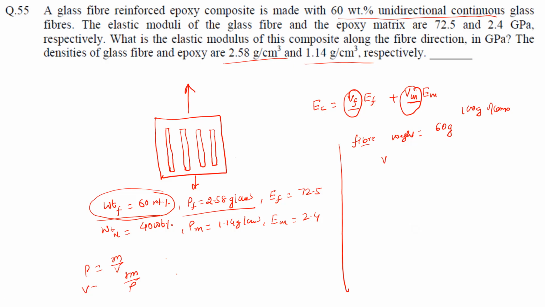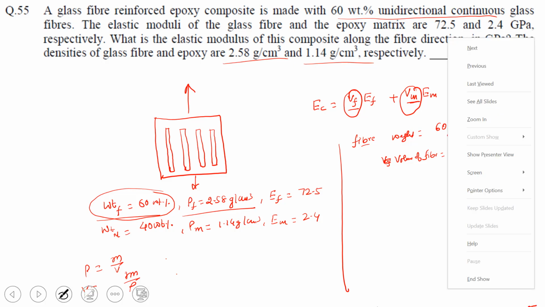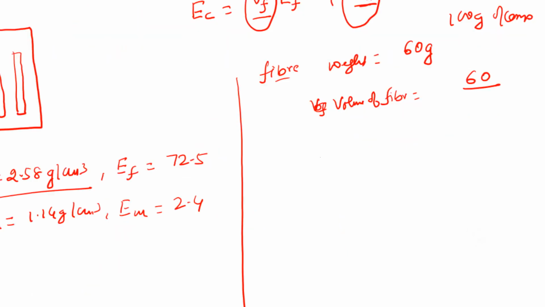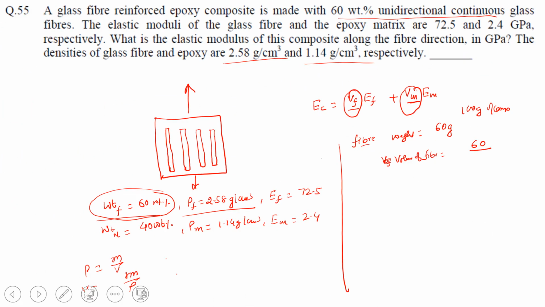Volume of fiber will be 60 divided by the density, 2.58. Let us calculate 60 divided by 2.58. So it is 23.25 cm cube.